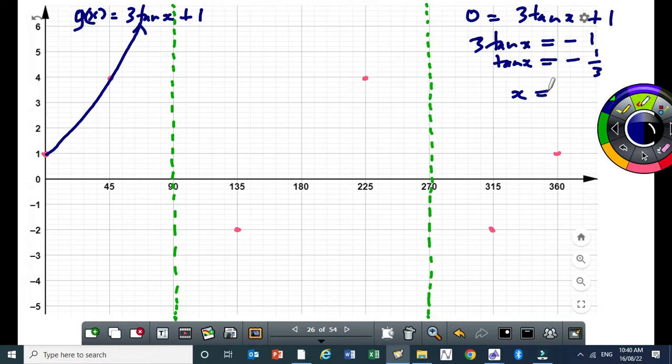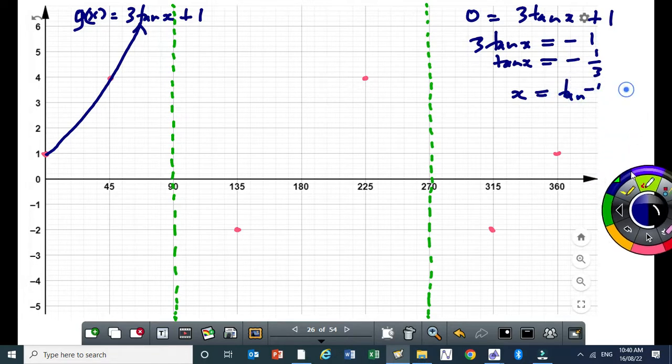Now, what is shift tan of negative a third? It's negative 18 degrees.